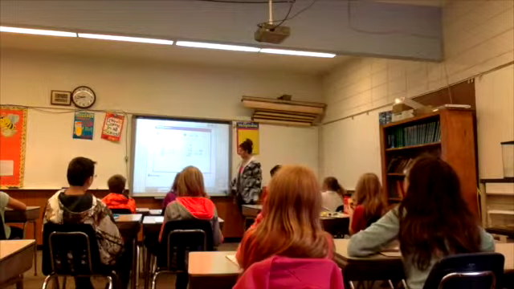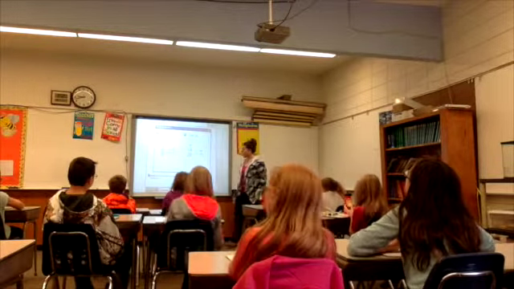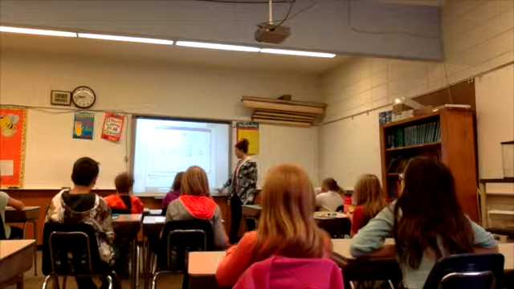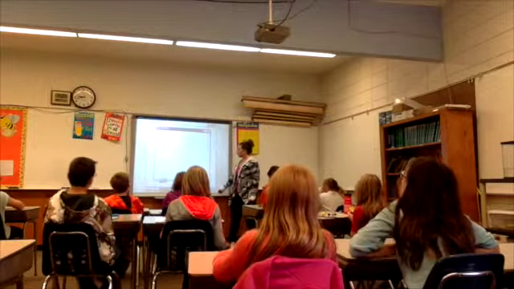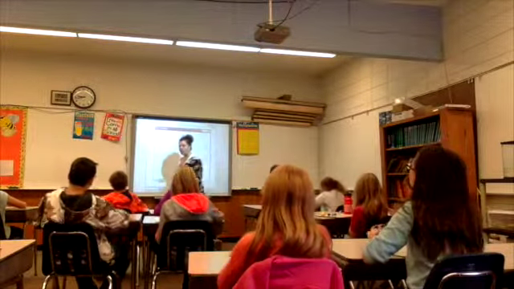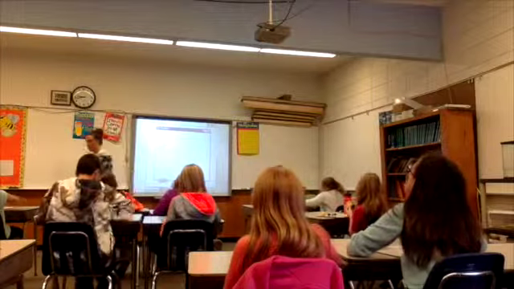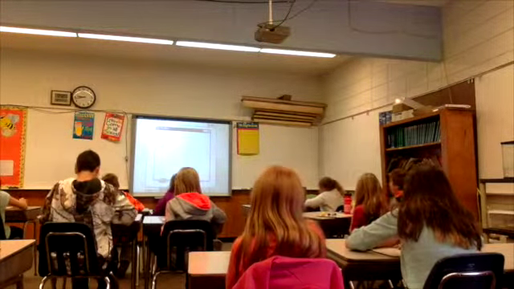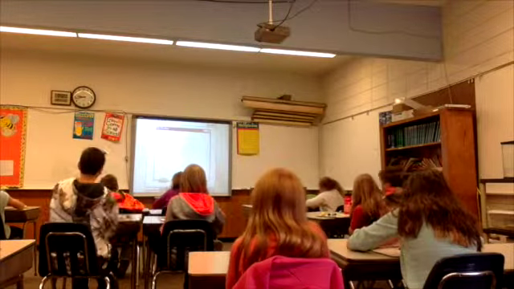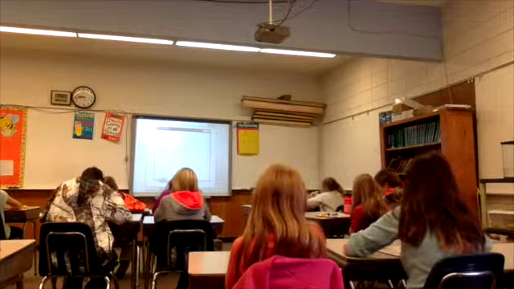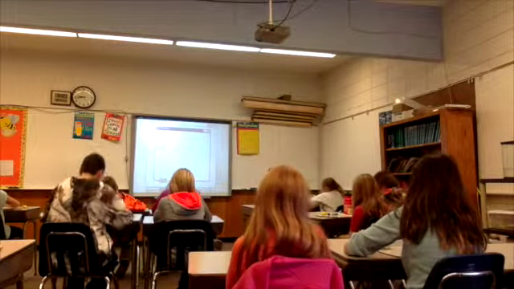Math item. To multiply by a two-digit number, first multiply by the ones and then the tens. Find the product. Type your answer. Okay, I want you to independently do this on your own. Both partners. Make sure you find your estimate first before you solve the problem. So what are you going to round 91 to?